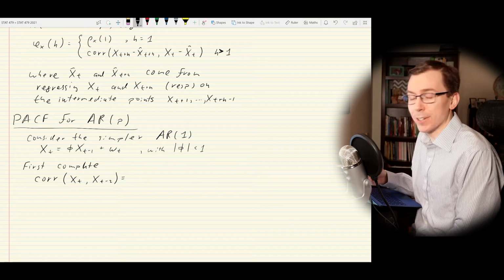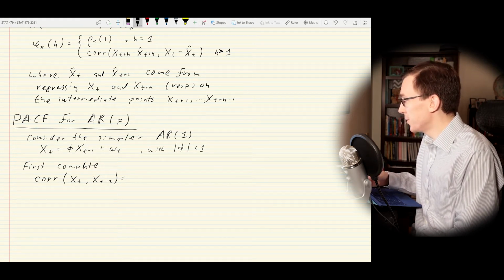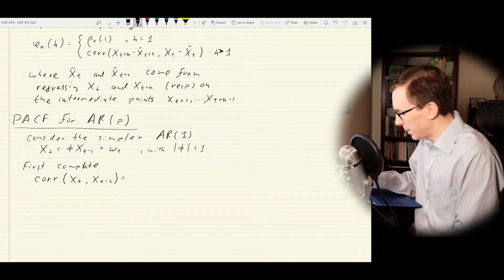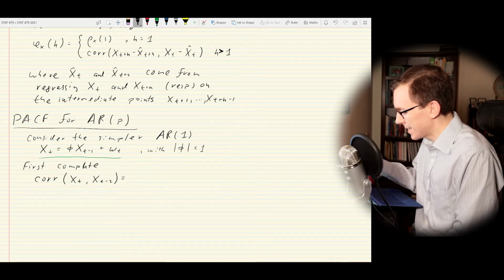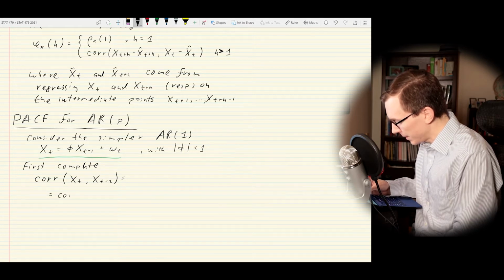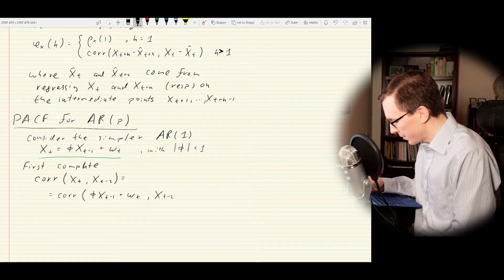There's lots of ways you can approach computing this. I think the easiest is to just apply the definition, the equation for the process itself, twice, to get recursively that this is still just the correlation of phi x_{t-1} plus w_t with x_{t-2}.